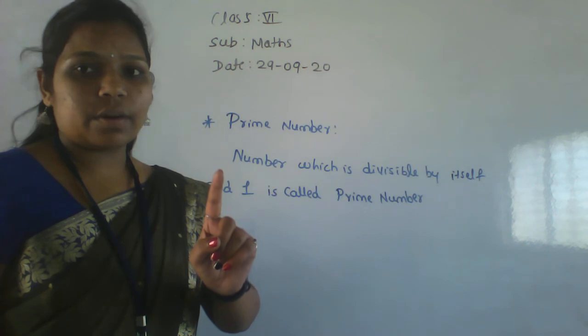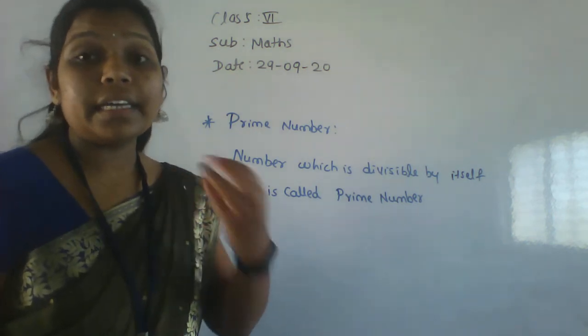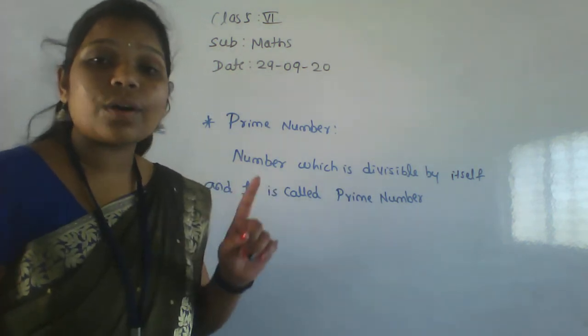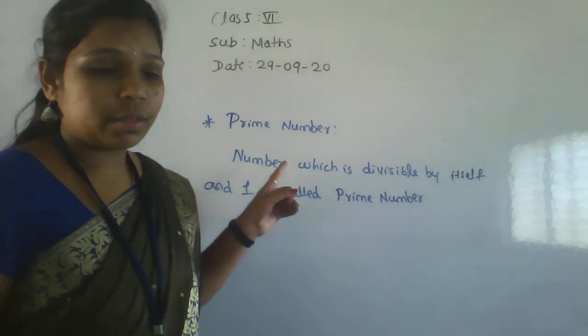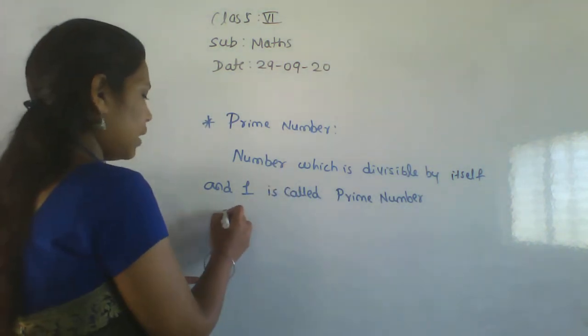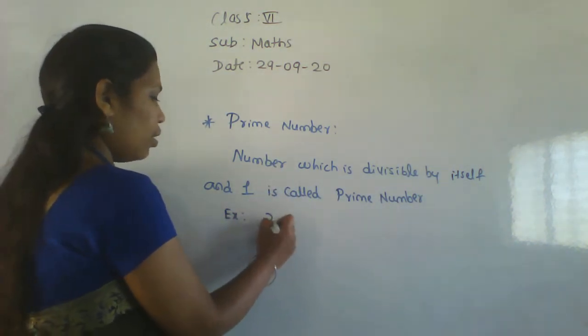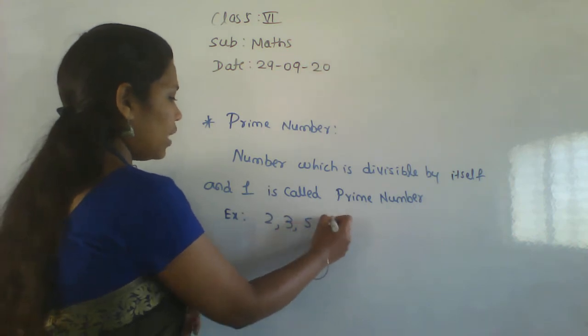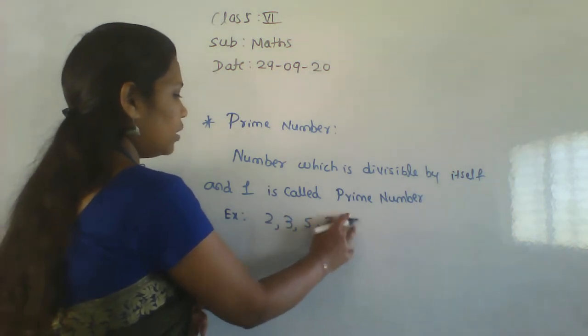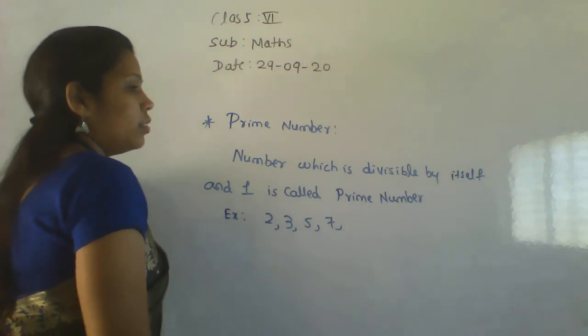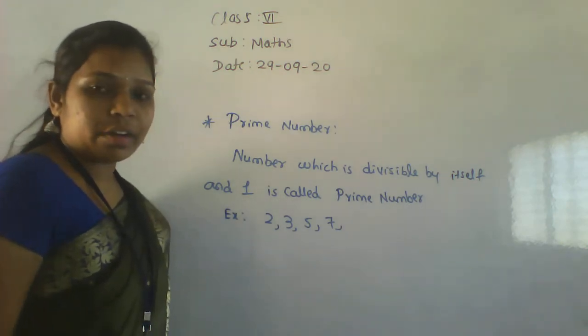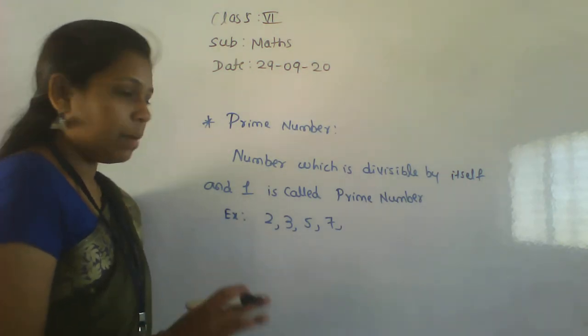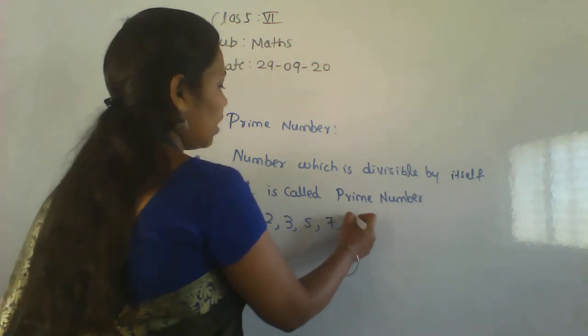That is the fact here. It is not divisible by any other number, so that number is called a prime number. I'll give an example: 2, 3, 5, 7, next 9, not 9 because 9 is divisible by 3, it is not a prime number. After that 11, like that.